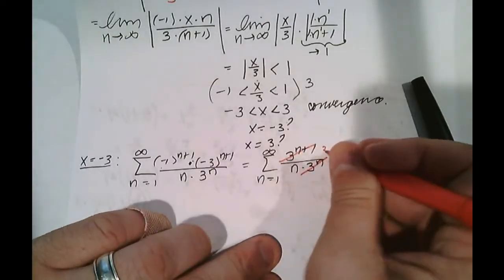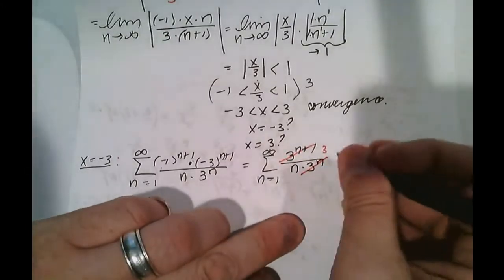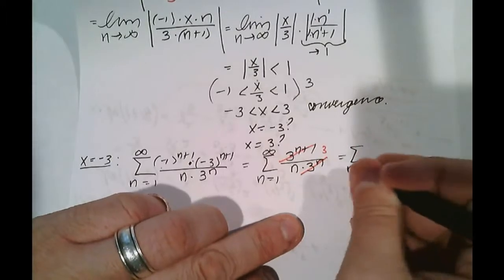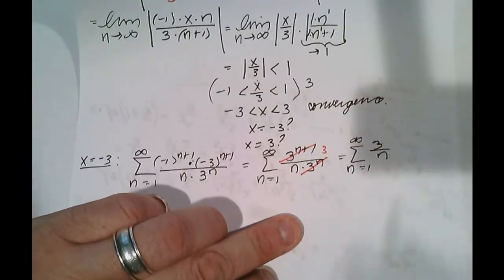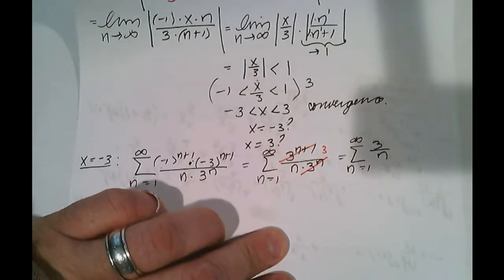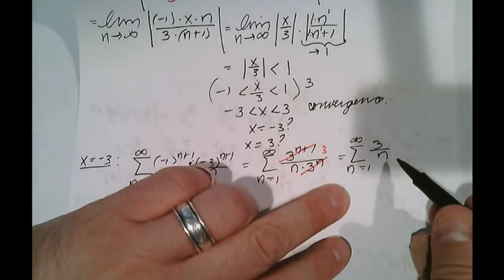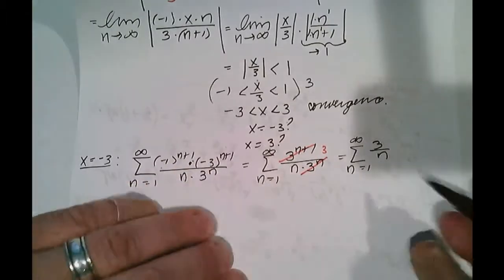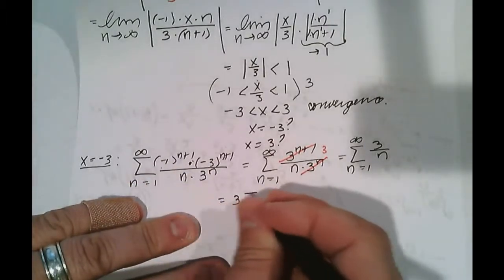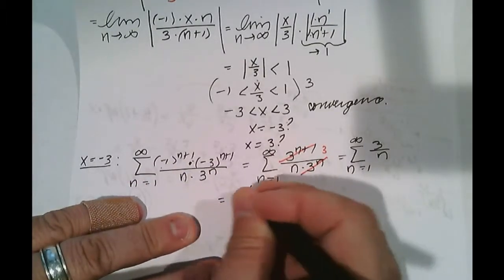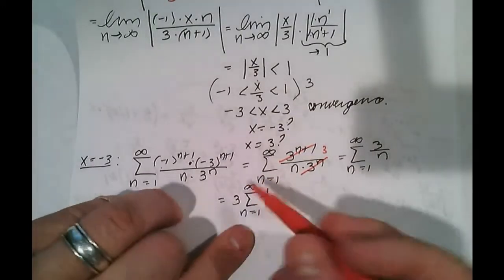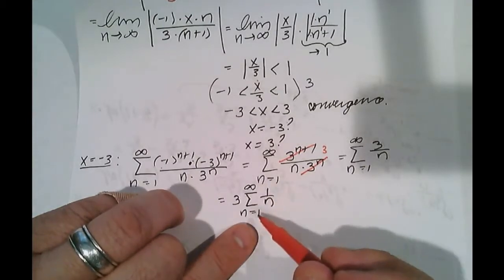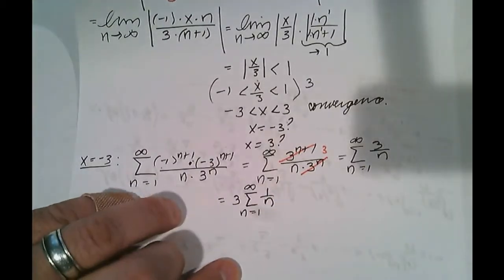I get cancellation, leaving me just 3. And so I have the series n equals 1 to infinity, and the terms are all of the form 3 over n. You might not recognize that right away, so let me factor out that 3, which is a constant. And my series is really the sum of 1 over n from n equals 1 to infinity.